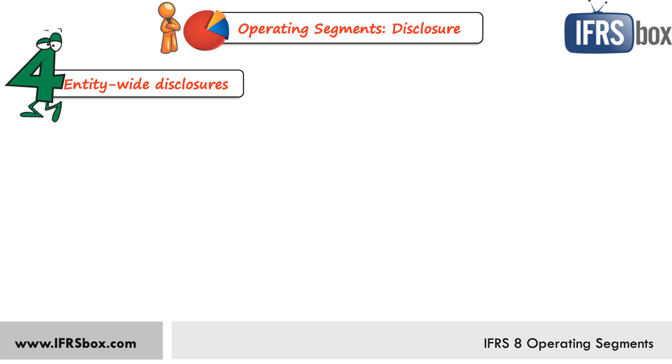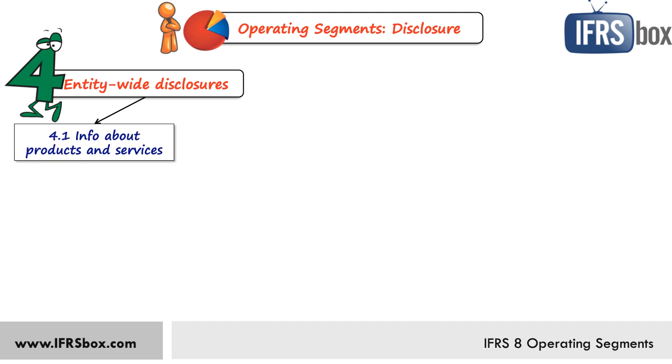And finally, the fourth category is entity-wide disclosures, which means that these are not at segment level but at an entity level for all the segments. Here we have three subcategories. First, information about products and services. And here you report the revenues from external customers for each product and service or groups of services. If this is not available and the cost to produce this information is excessive, then you can skip this.